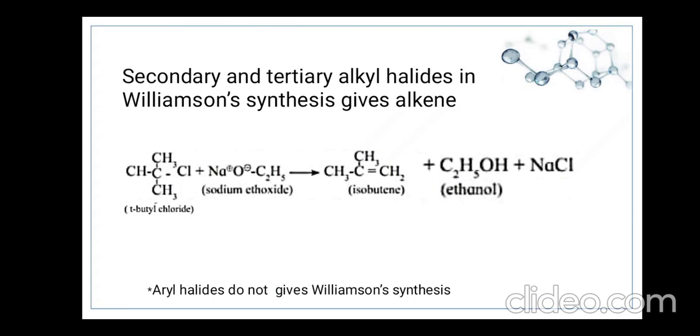Here students, if secondary or tertiary alkyl halide are used in Williamson's synthesis, it gives an alkene. This is so because the secondary and tertiary alkyl halides used are more crowded or more sterically hindered. Now a very important thing, that aryl halide do not give Williamson's synthesis.